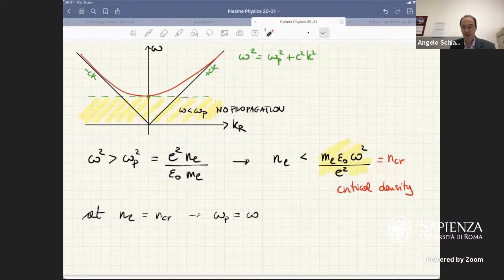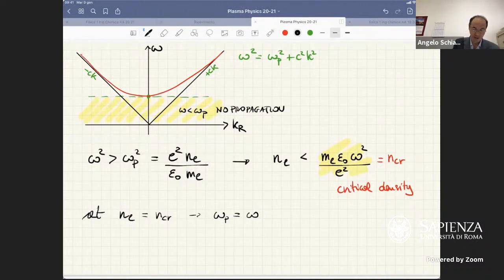At a density larger than the critical density, the omega of the wave becomes smaller than the plasma frequency, and the wave cannot propagate anymore.